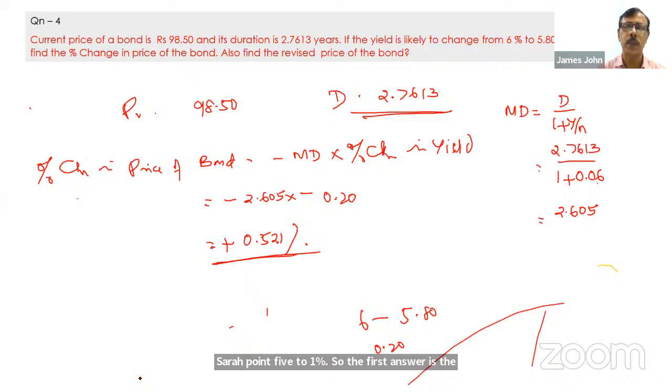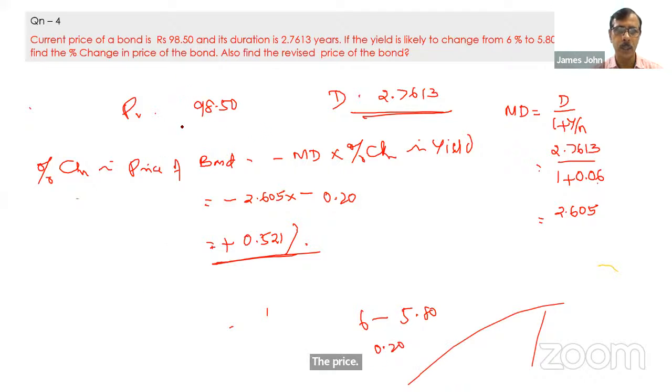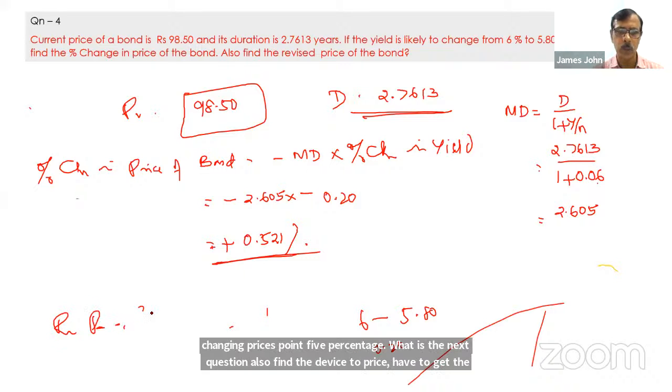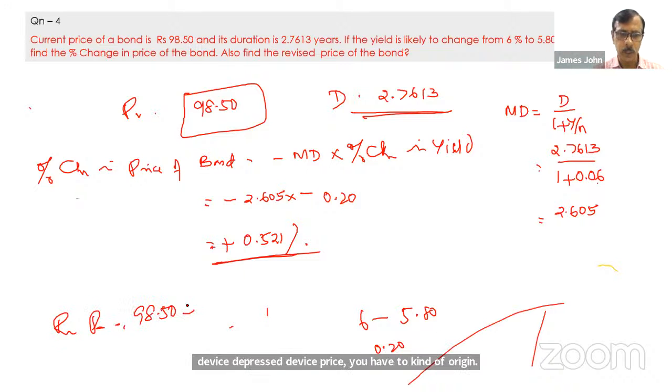What is the next question? Also find the revised price. How to get the revised price? The original current price is 98.50. So revised price is equal to 98.50 plus 0.521% of 98.50. How to get it?